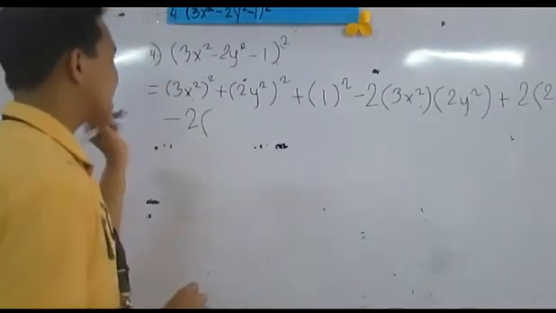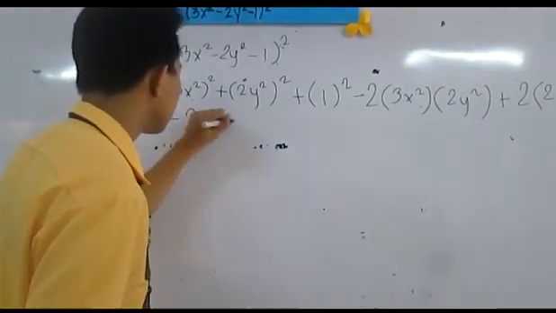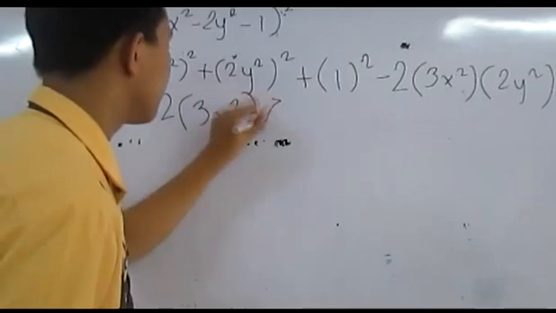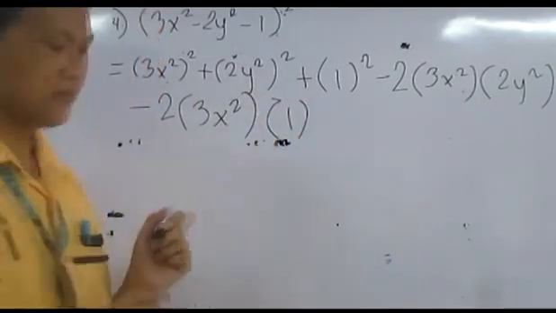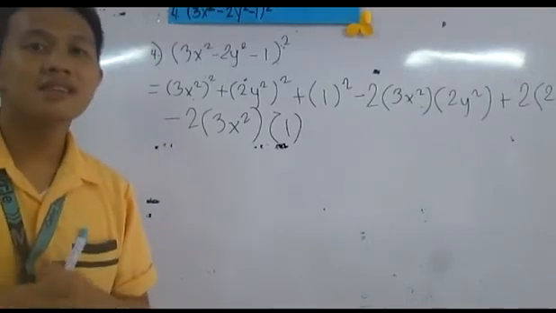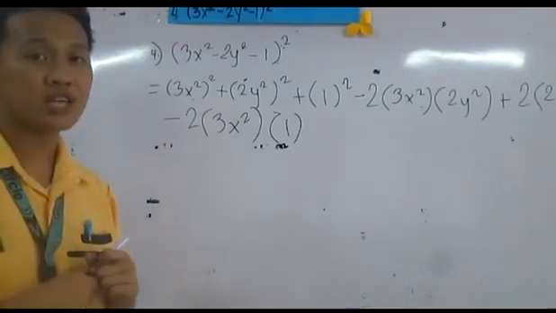Our first term again is 3x squared, multiplied by our last term, which is 1. So let's simplify the given expression.